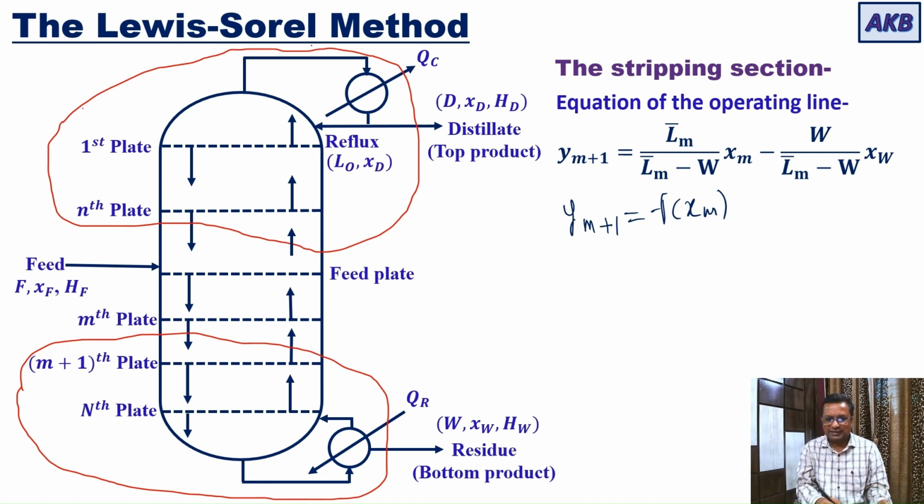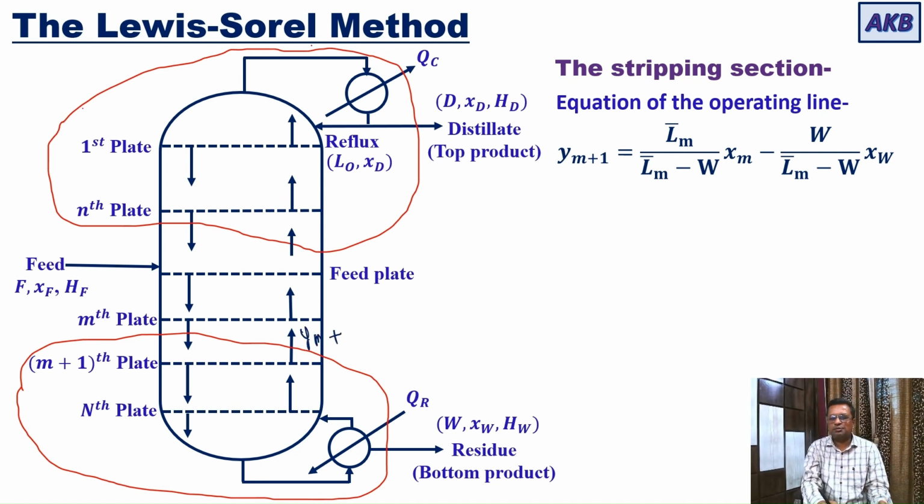Let us just understand the equation. The equation is relating y_{m+1}. y_{m+1} is the mole fraction of the more volatile component in the vapor stream that is leaving the (m+1)th plate, so y_{m+1} is associated with this.